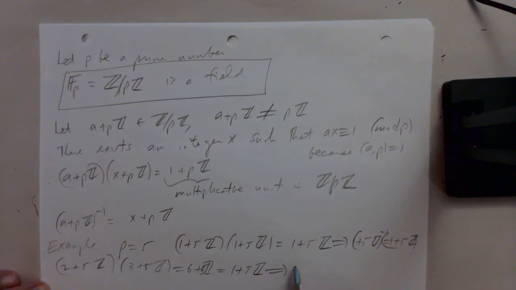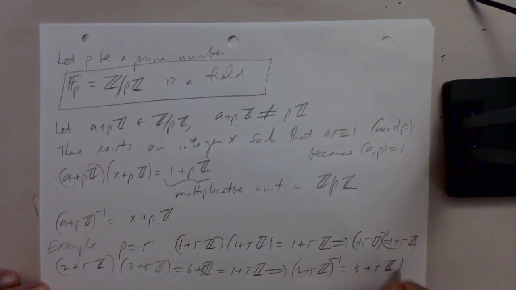So the inverse of 2 plus 5Z is 3 plus 5Z, and by the same equation, the inverse of 3 plus 5Z is 2 plus 5Z. So there are 4 non-zero congruence classes mod 5 with representatives 1, 2, 3, and 4.